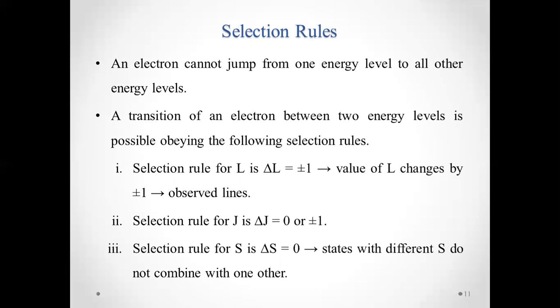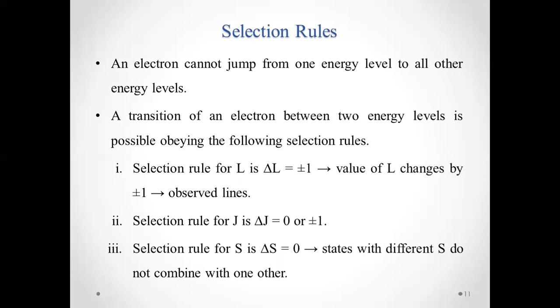The first rule says for L, delta L must be equal to plus or minus 1, which implies the value of L changes by plus or minus 1, and this leads to the observed lines.